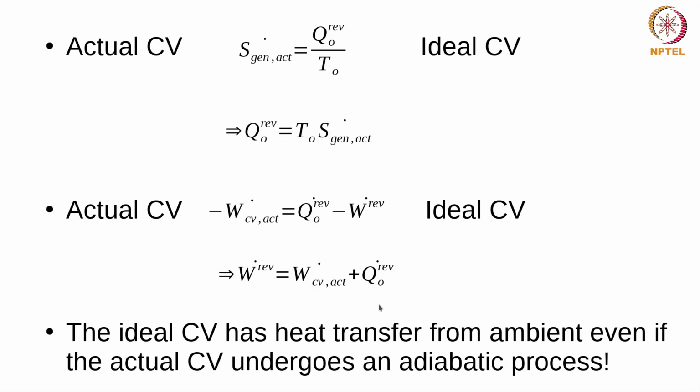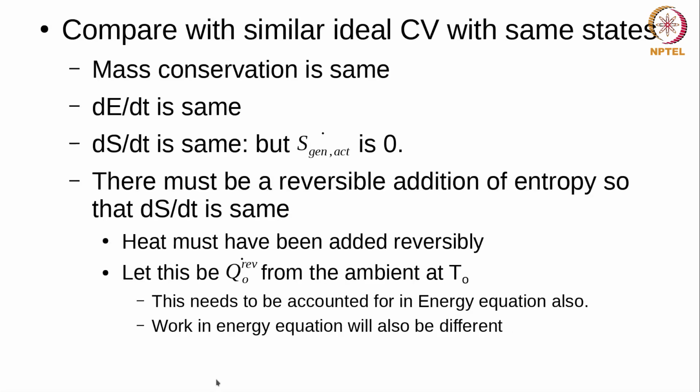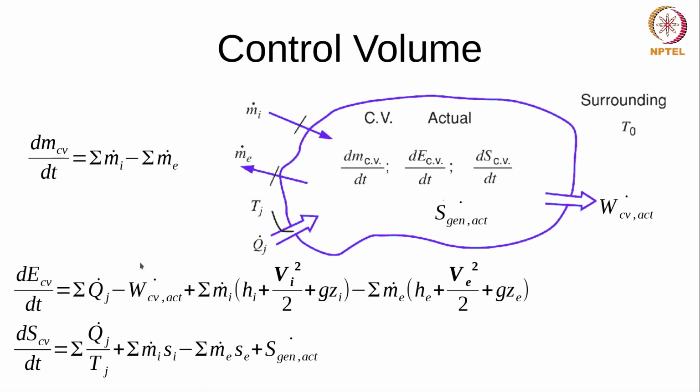Now the interesting thing to note is that the ideal control volume has heat transfer from the ambient even if the actual control volume undergoes an adiabatic process. So the general heat transfer is taken into account by this term. Even if this term was 0 in the case of the actual control volume, in the ideal control volume I have the Q0 coming in from the ambient.